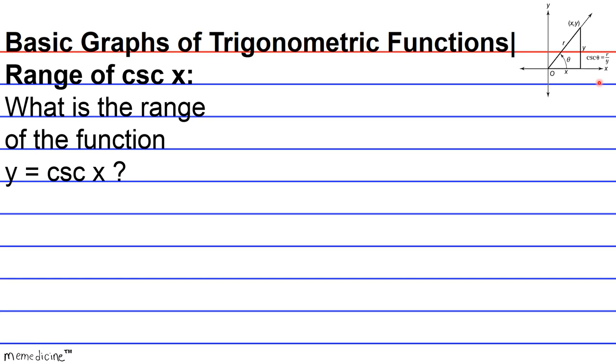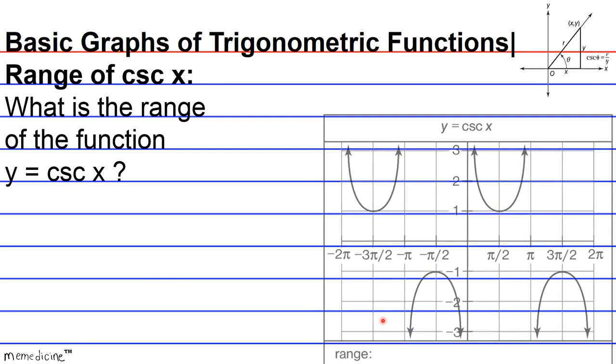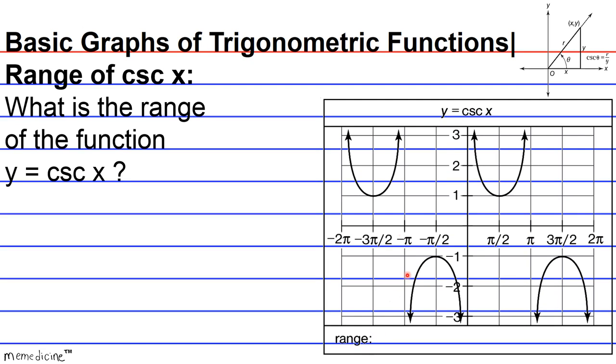Okay, so hopefully by now you are able to arrive at an answer, but if not, that's completely fine. Here goes our example graph of y equals the cosecant of x. And the range, well, first of all, we know from our other cram session that the domain, the set of all independent variables, x values, is going to be all real numbers except whole number multiples of pi, or whole number multiples of 90 degrees.